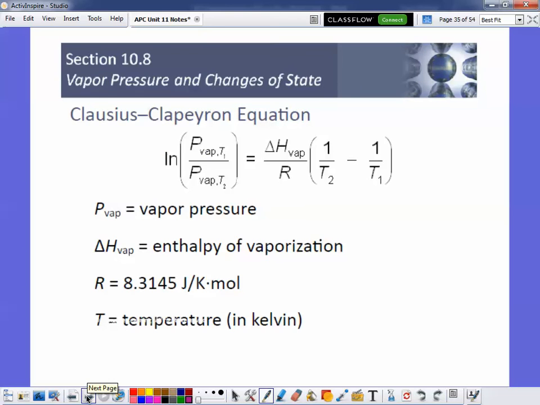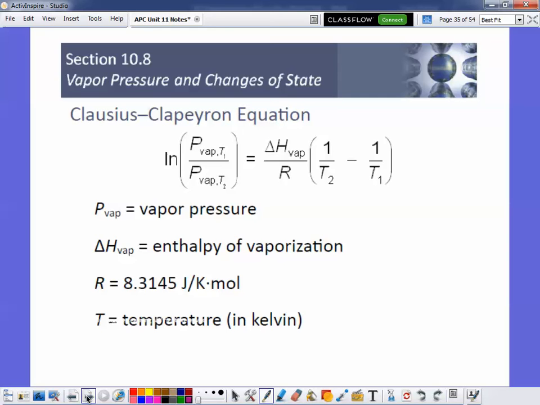All right, so the Clausius-Clapeyron equation. I know, it's a funny name. This is how we can actually calculate this. It should look similar to the Arrhenius equation back in Unit 3, for figuring out the activation energy based off of the rate constants.